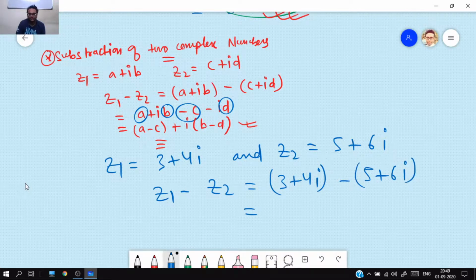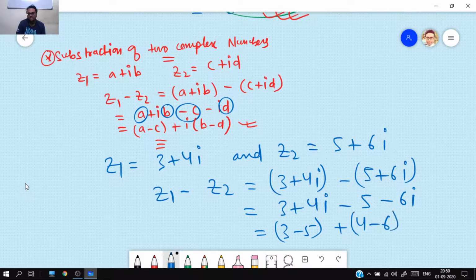Opening the brackets in the second step, 3 plus 4i minus 5 minus 6i. Writing the real parts together, I hope you are now familiar with this. I am doing it directly. 3 minus 5 is the real part, plus 4 minus 6 is the imaginary part.